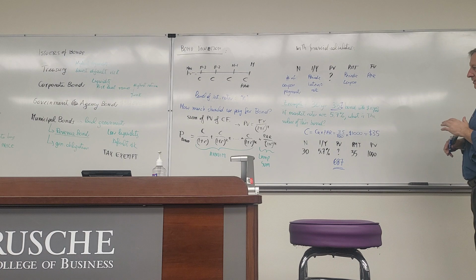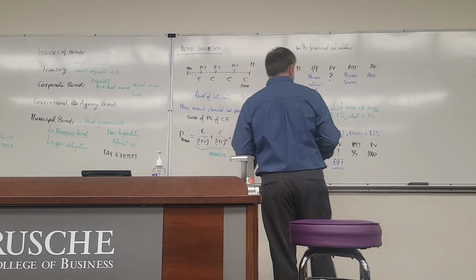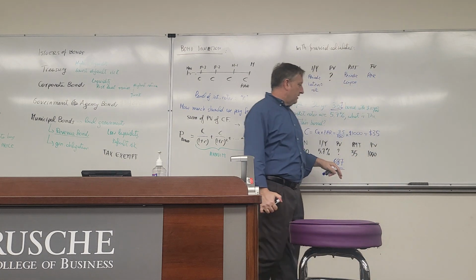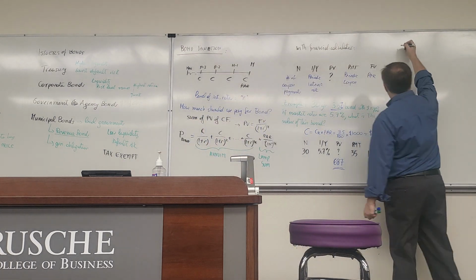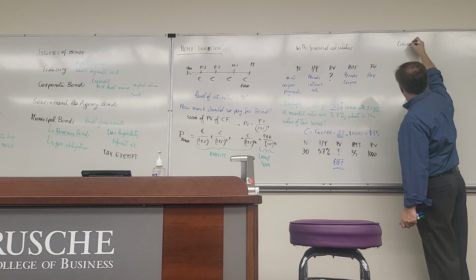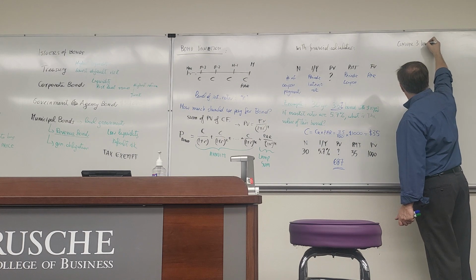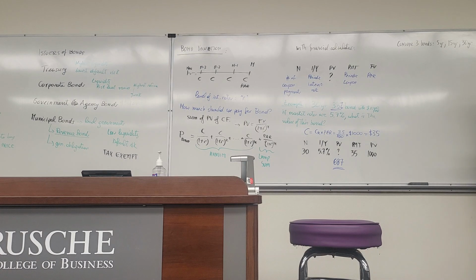So, there are two things I want to show you, and I need to do them relatively fast. Let's consider 3 bonds. So this is the same stuff that we do in Finance 3333. One bond has 5 years to maturity, one has 15, and the other one is 30 years to maturity.